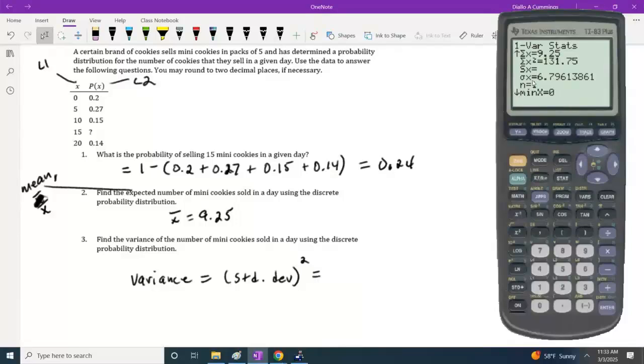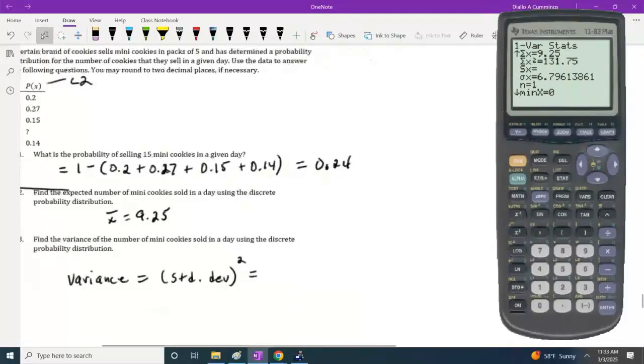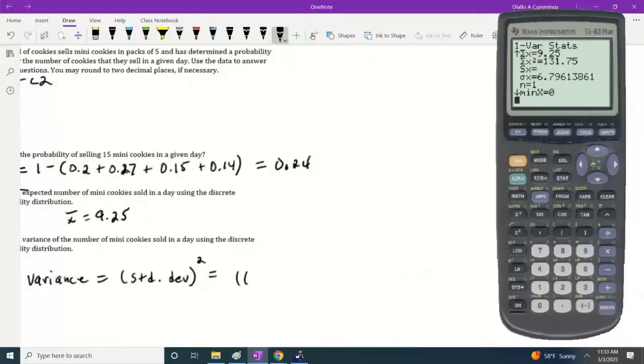So I'm simply going to take this standard deviation, which is 6.7961, and square it. Now, there is an answer key on the back of this. It doesn't really go through how to solve them, but the answer key is attached.